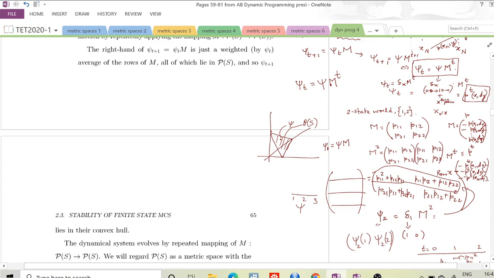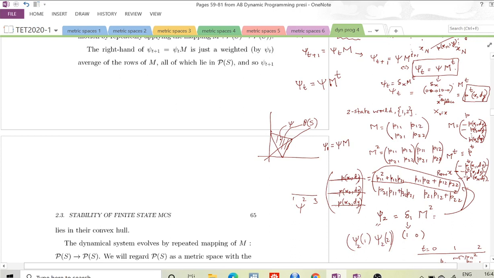Now, these rows, notice, themselves are probability distributions, right? So this is P, let me revert to x1, P(x1, dy), P(x2, dy), P(x3, dy). These are probability distributions. For instance, this one says, given that I'm in state x1, what is the probability that I'll be in x1, x2, and x3 next period, right?